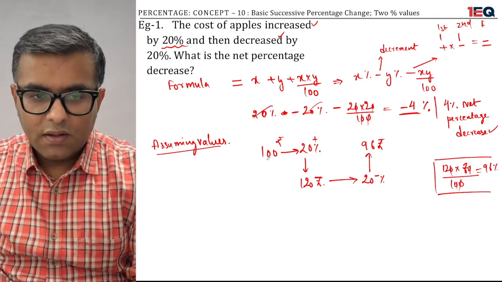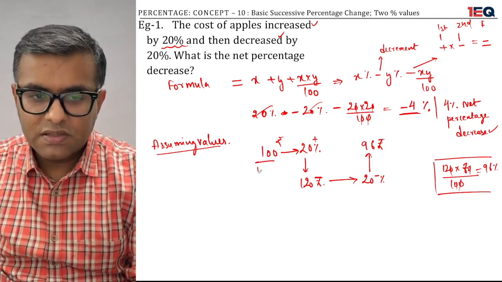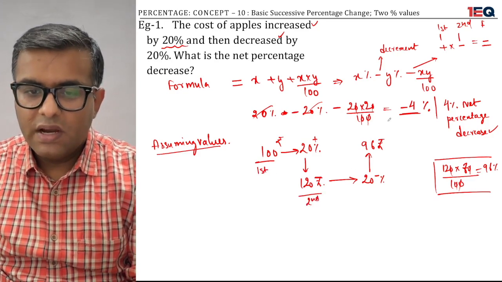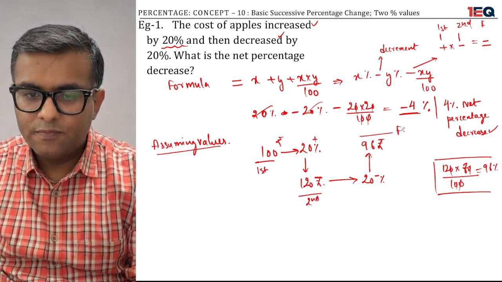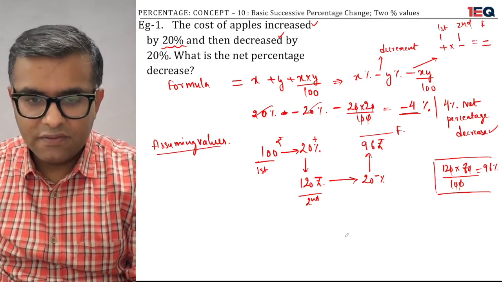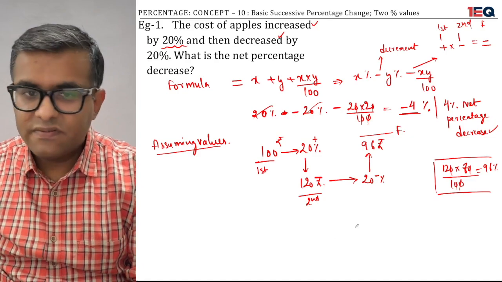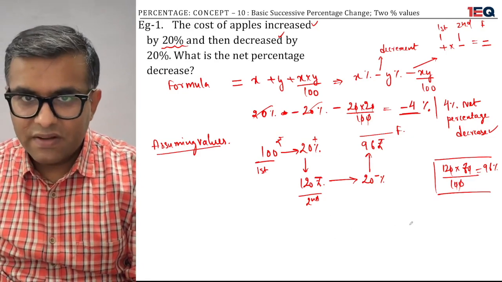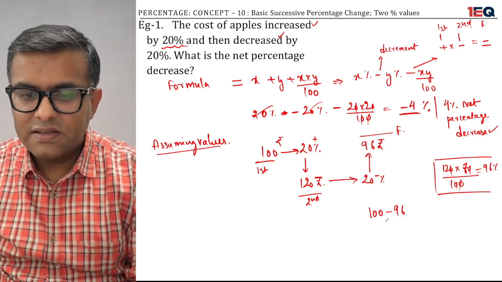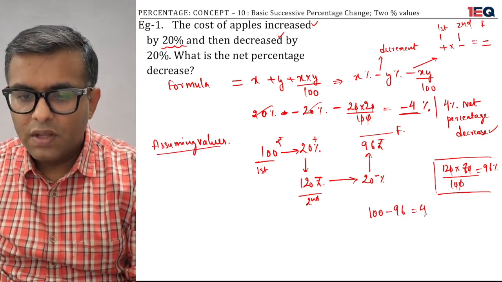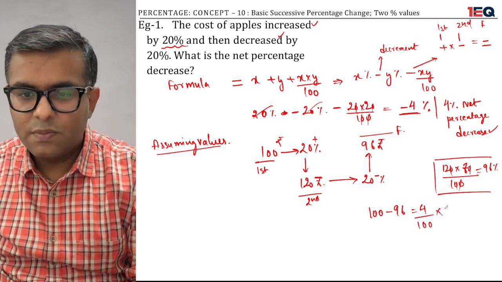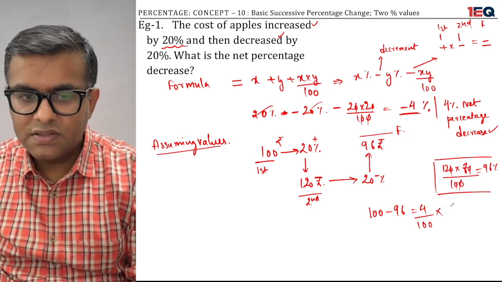This is the first base, this is the second base, and this is the final point. We have to compare the first base and the final point. The first base value is 100 and the final value is 96. So 100 minus 96 is equal to 4. Keeping the base same as 100, the question asks for the net percentage decrease.